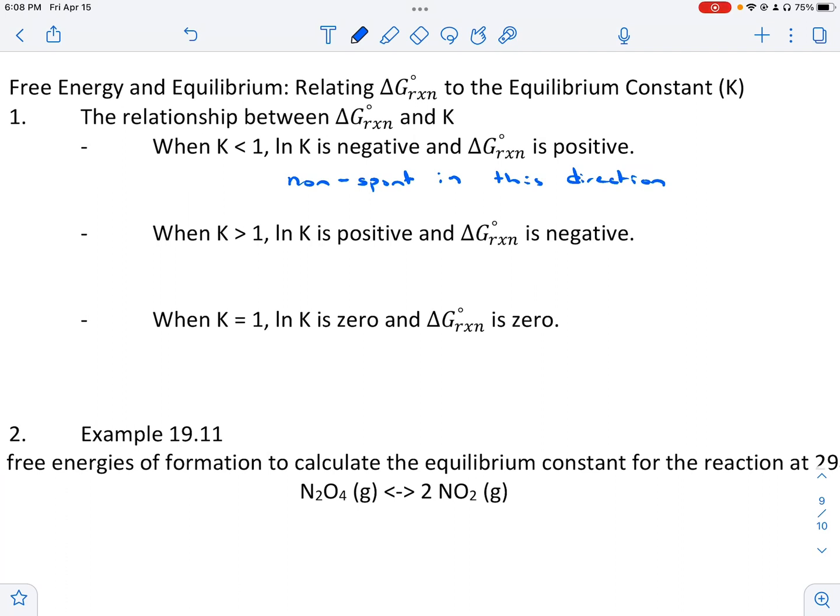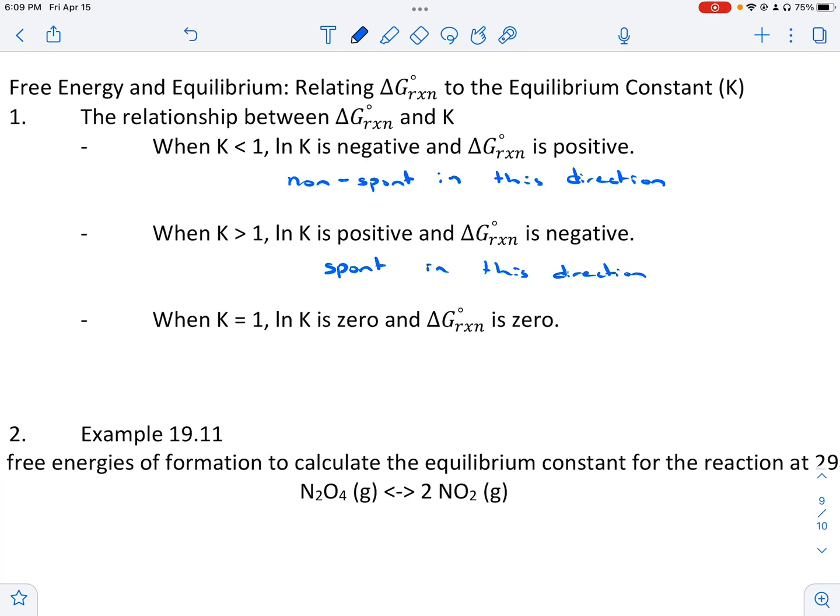When K is less than 1, we have very few products, right? Okay, awesome. When K is greater than 1, that means our ln of K is positive and delta G naught of reaction is negative, so that means it's going to be spontaneous in this direction.